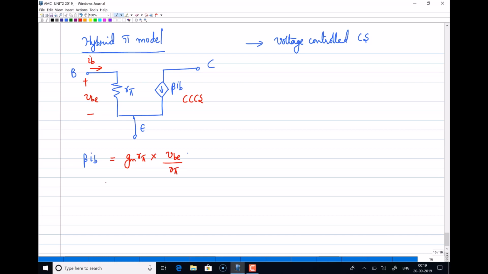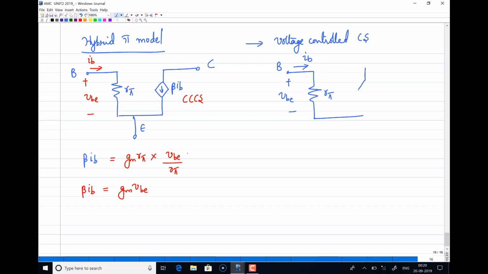So this means beta IB is equal to Gm into VBE. If I draw an equivalent circuit, this is Rpi, this is VBE, this is the base terminal, and this is the base current flowing inside.